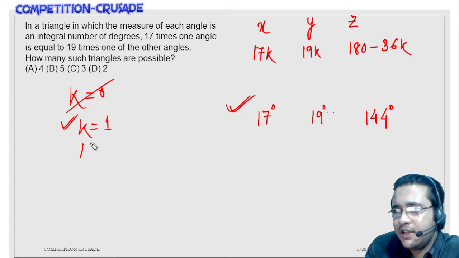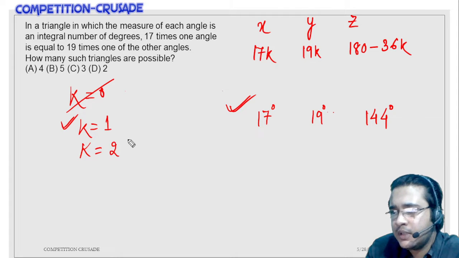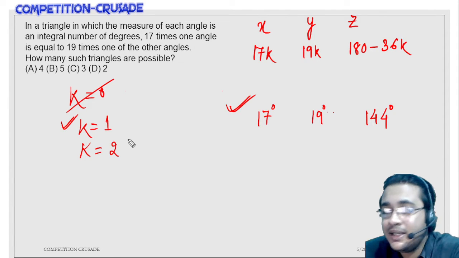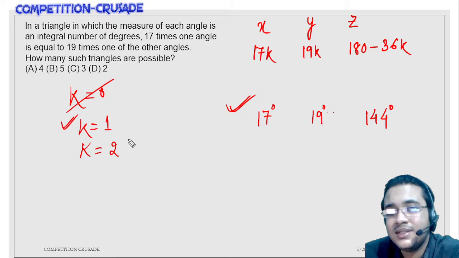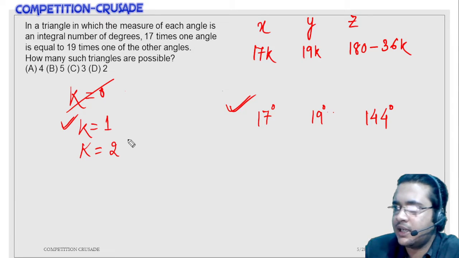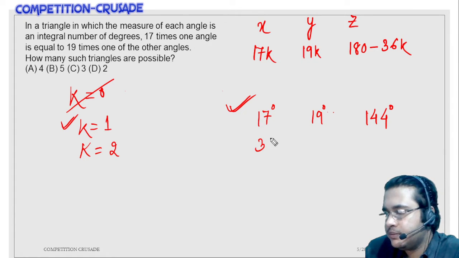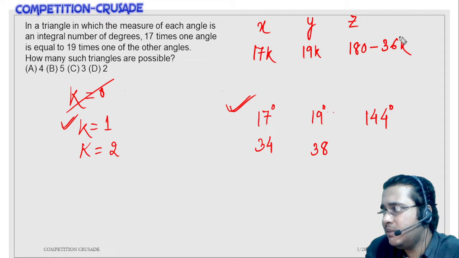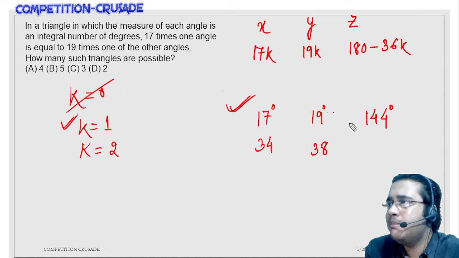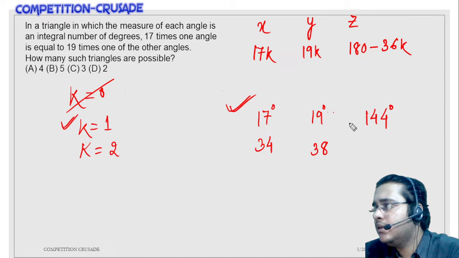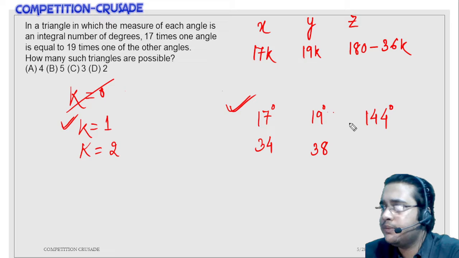Let us see if I put k is equal to 2. And please understand that the moment I substitute k is equal to 2, it is not the same triangle, it's a different triangle, because the internal angles are changing, so the entire symmetry of the triangle is changing. So this will become 34, this will become 38, and this will become 180 minus 72, right?